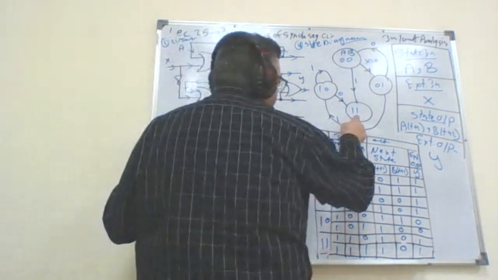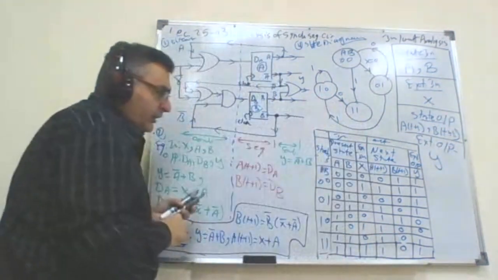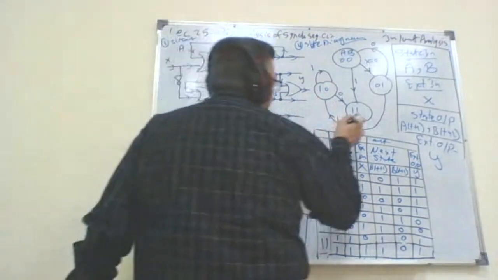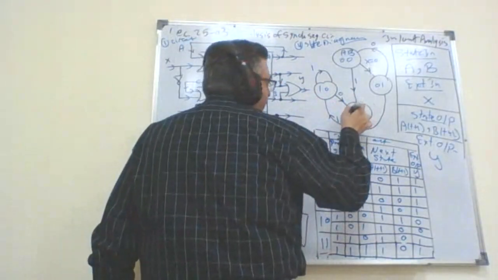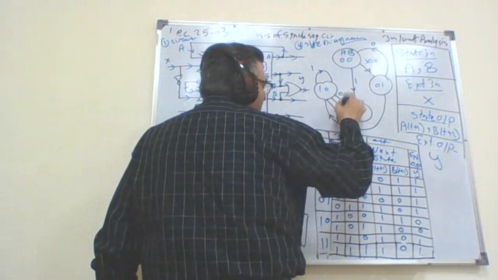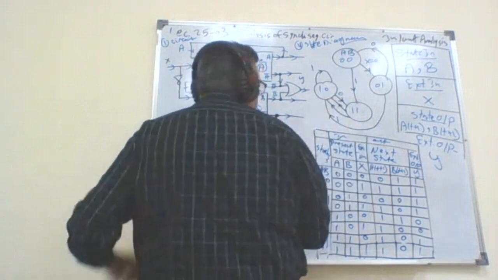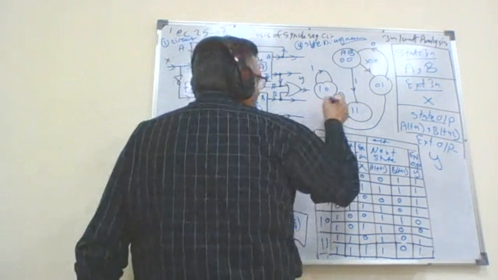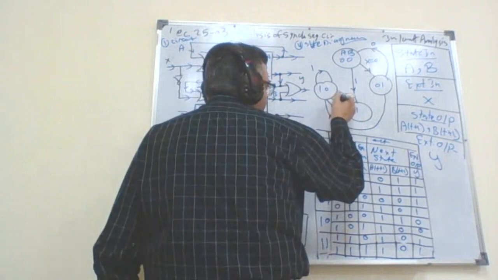Both of the arrows go to 1,0. Here I have one arrow, the second arrow, and both of them go from 1,1 to 1,0 for either X equals 0 or 1.